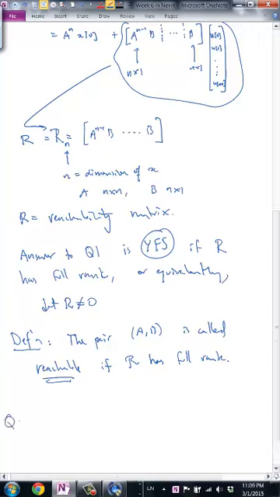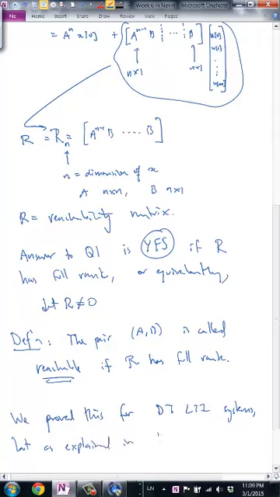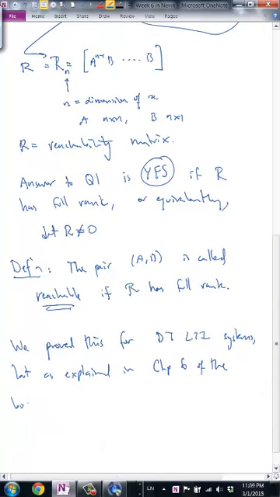The next question we considered moves us on to linear state feedback. Well, before I get to that, I should note that we showed this for discrete time systems, but as explained in chapter 6 of the book, exactly the same relationship holds for continuous time, linear time invariant systems.